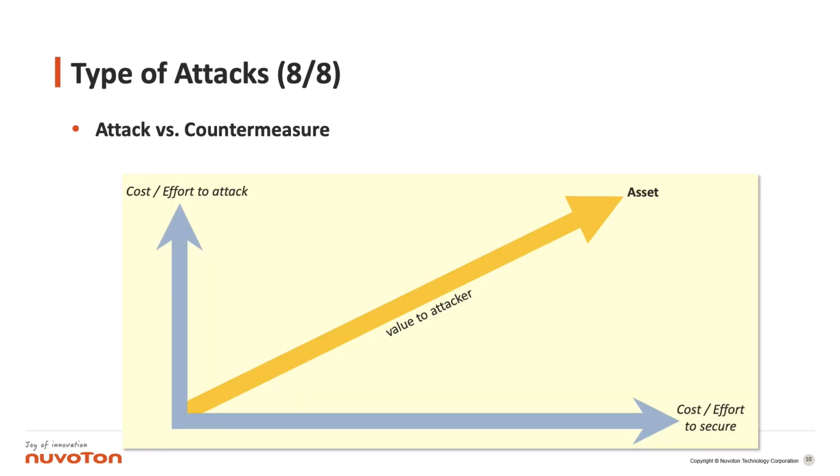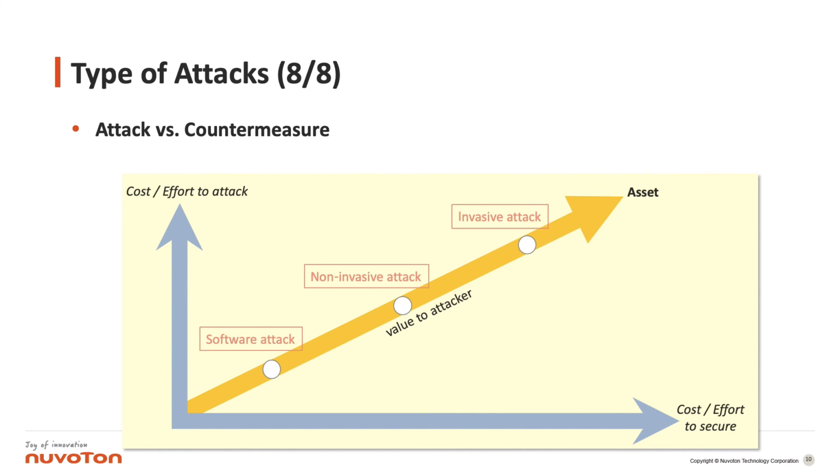In the previous sections, 3 types of MCU attacks were introduced. They are software attacks, non-invasive hardware attacks, and invasive hardware attacks. Comparing the manpower, time, and money required for attacks, software attacks are the lowest, followed by non-invasive hardware attacks, and invasive hardware attacks are the highest.